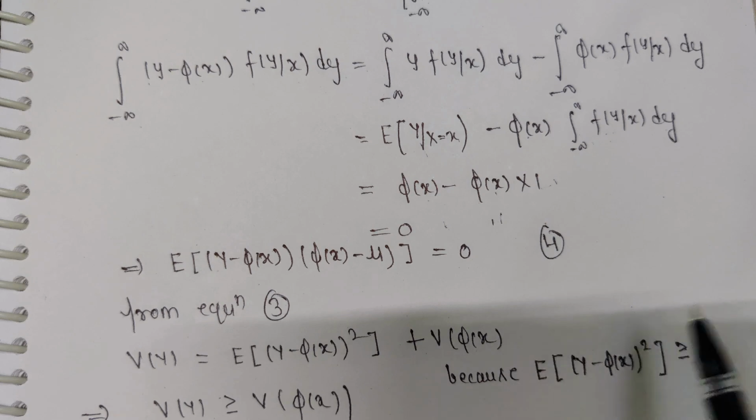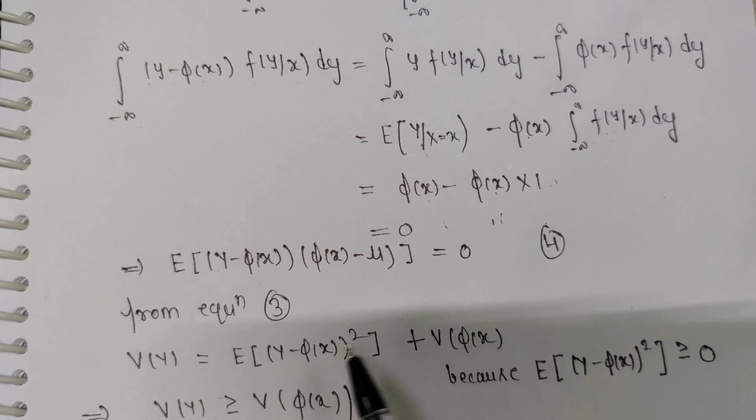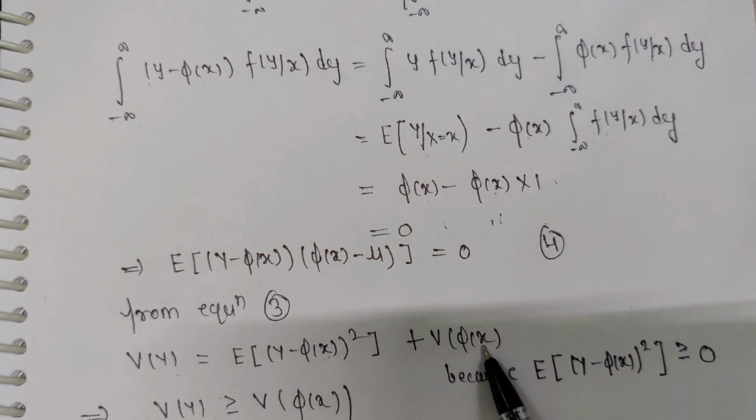So I remove the third term, and now you can see variance of Y is equal to variance of phi(X) plus some quantity, and this is a non-negative quantity. That means variance of Y has a greater value as compared to variance of phi(X). This implies that variance of Y is greater than or equal to variance of phi(X).